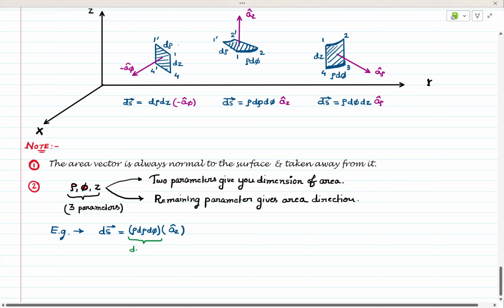That is the dimension. And this is what? Direction.